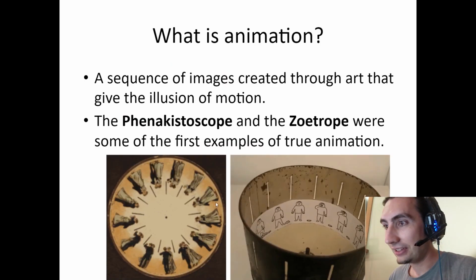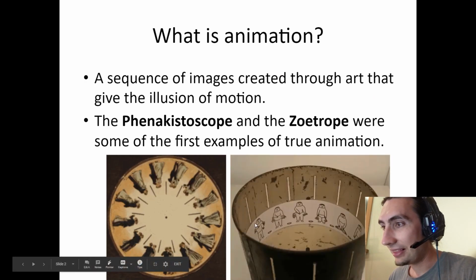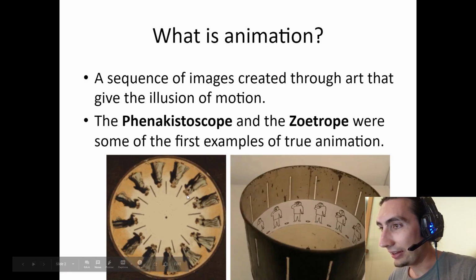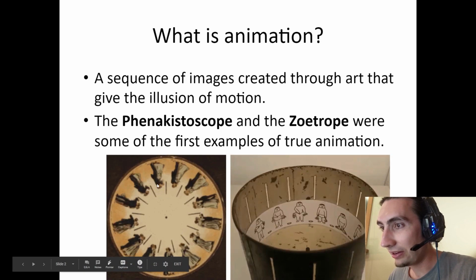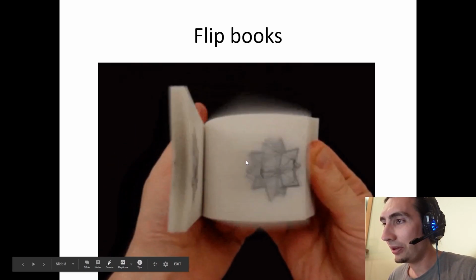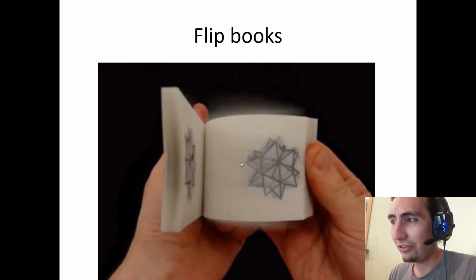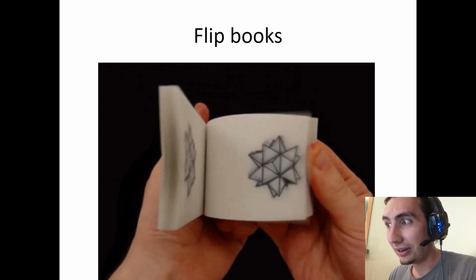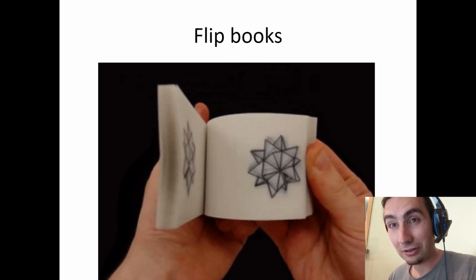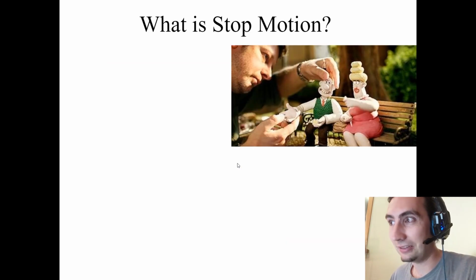Like the phenakistoscope and zoetrope, they're not actually moving. You see, it's just a spinning wheel. And same with the flip book. It's just a stationary picture, and if you flip through the pages real quick, each little picture is slightly different, and it looks like it's moving. It gives the illusion that it's moving.